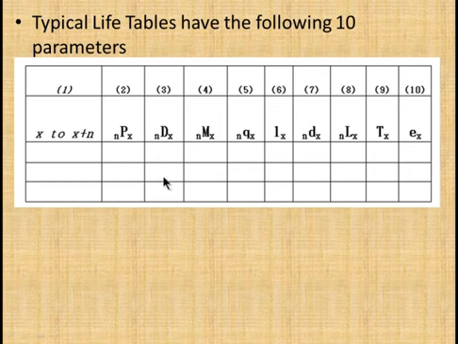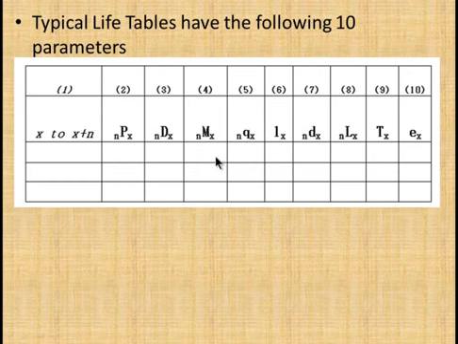So in each age group, normally you are given the deaths. And then from these two, you can calculate the age specific death rate. We've already seen how to calculate age specific death rate, having age groups and total population broken down into age groups.